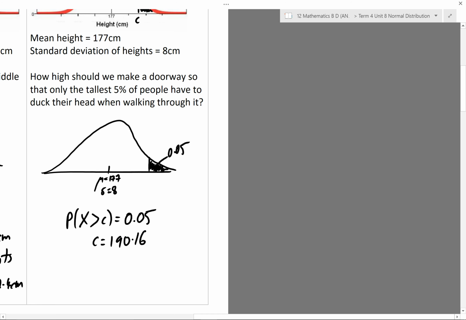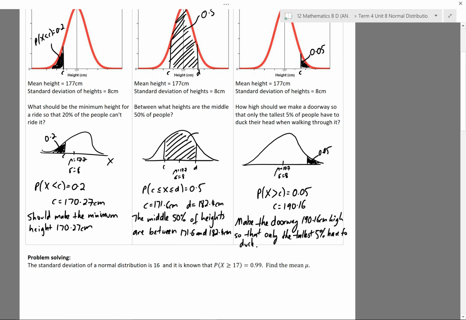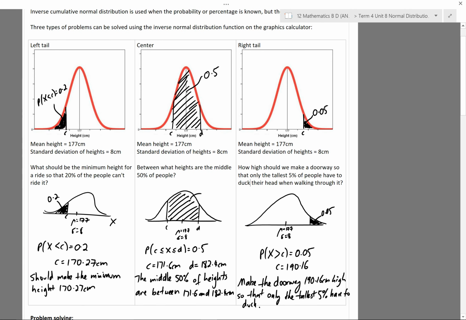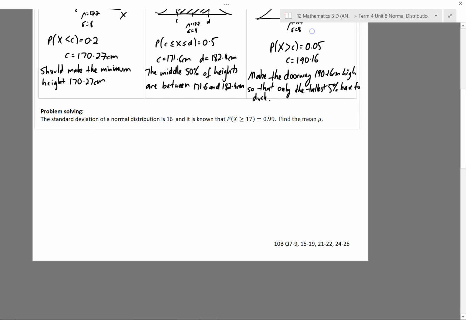So I need to make the doorway 190 centimeters high so that only the tallest 5% duck their head. Hopefully you look at those three examples and think, yep, left tail, center, right tail. I know how to calculate all those using my graphics calculator. So you can practice some of those earlier problems before we have a look at the problem solving question.